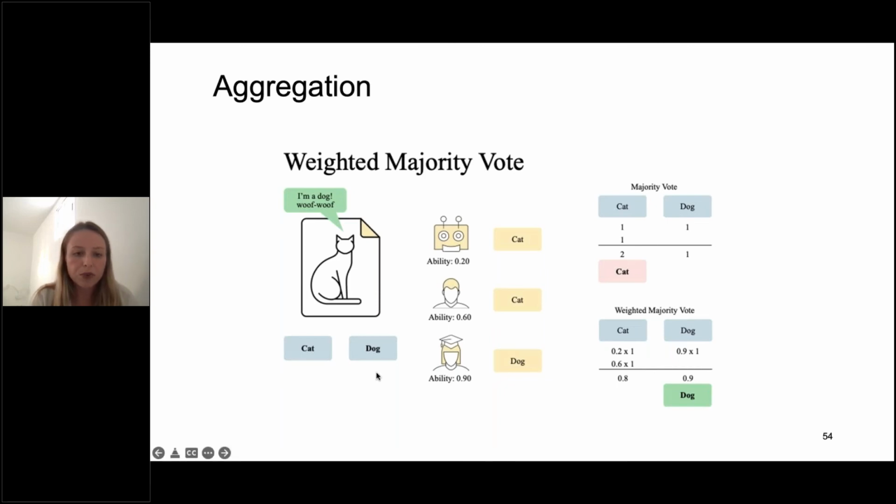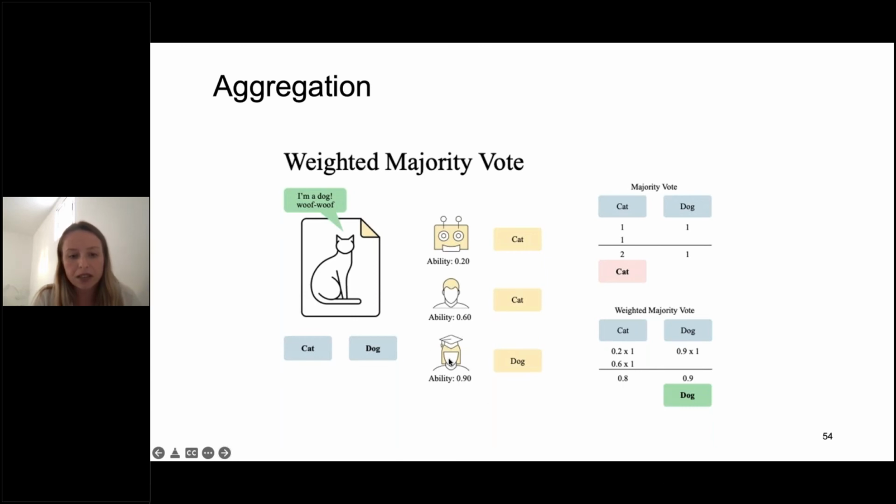So imagine that you have used some control tasks and you know what the abilities of your performers are. If you have this knowledge, it's usually better to take a weighted majority vote. So we're going to go back to the example we had before. Remember, two people said that something is a cat. And if we only take the majority vote without weights, the label would be a cat. But what happens here is our performers have different abilities.